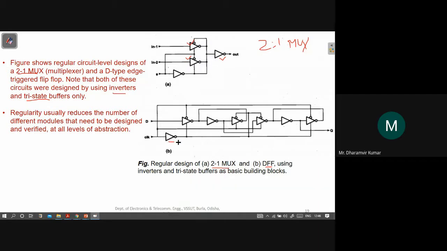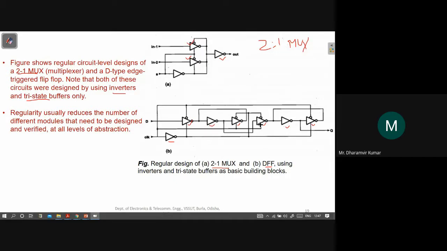This is an inverter, this is an inverter, this is a tri-state buffer, this is a tri-state buffer. So the whole design can be constructed with the help of just two types of gates: one is the inverter, and the second is the tri-state buffer.